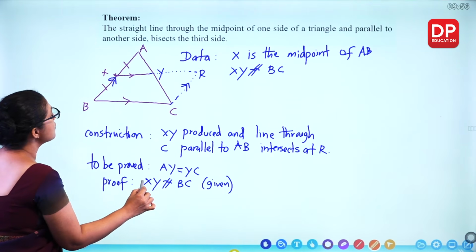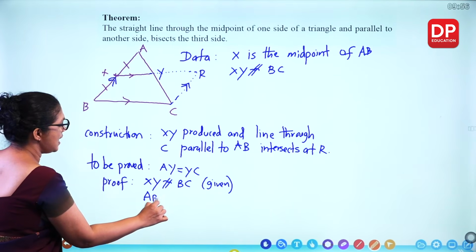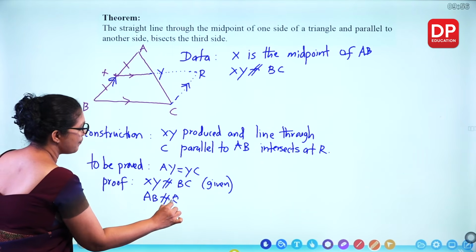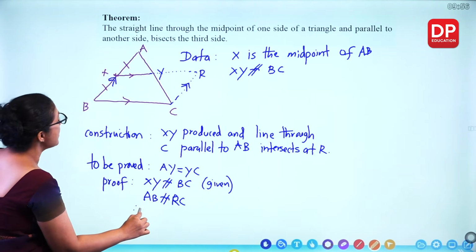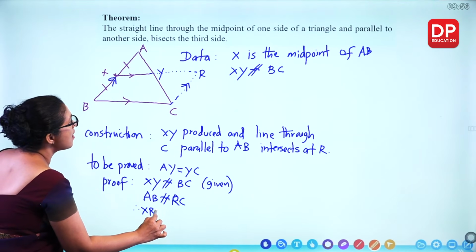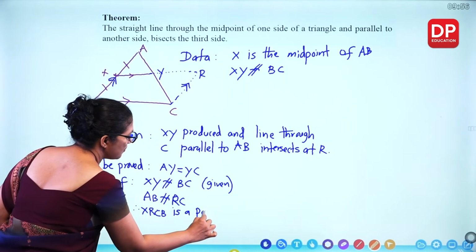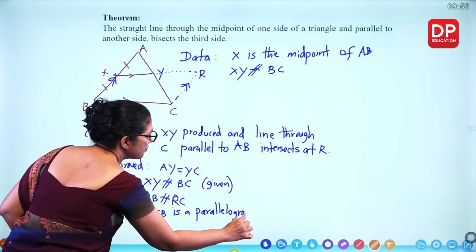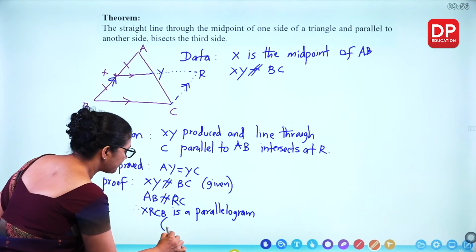And also by construction, we know that AB is parallel to RC. These two lines are parallel. So you can write XRCB is a parallelogram, because opposite sides are parallel.